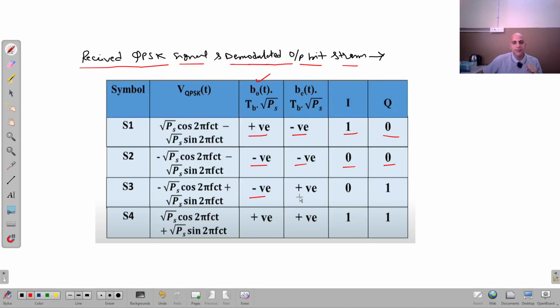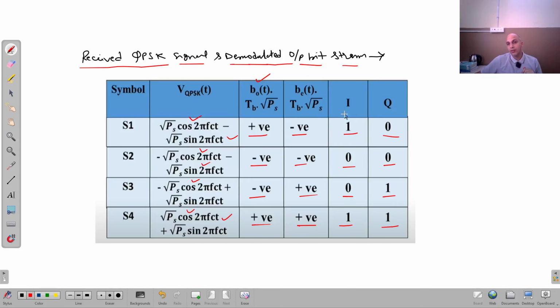If this is negative and this is positive, then it is 0 and 1. If positive positive, it is 1 1. These are the different symbols, and you can see here the first is positive and the second term is negative. In this, both the terms are negative. In this, only the first term is negative, and here both are positive. So this is the same table that I discussed in the case of modulation.